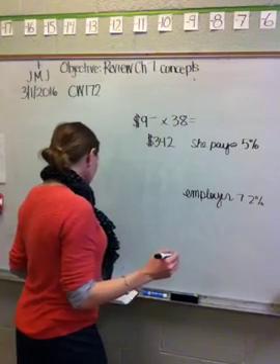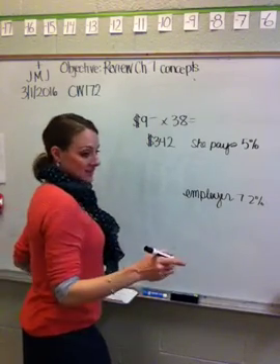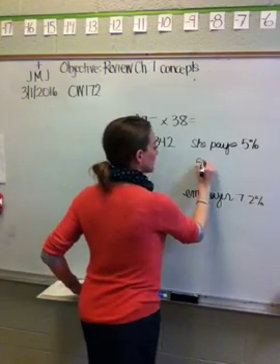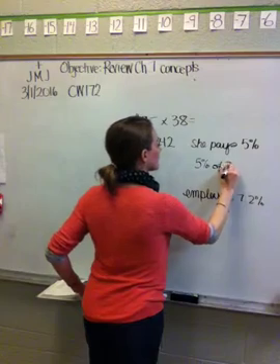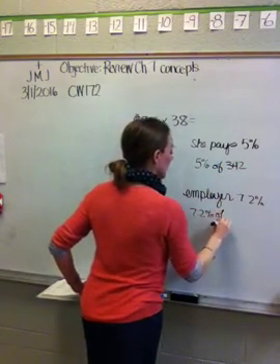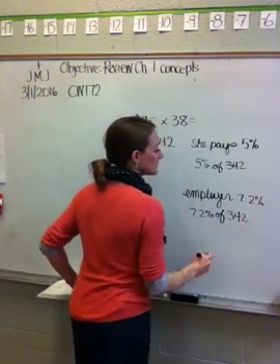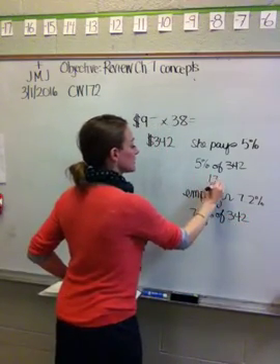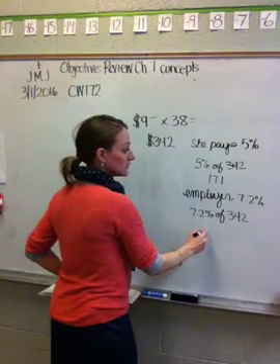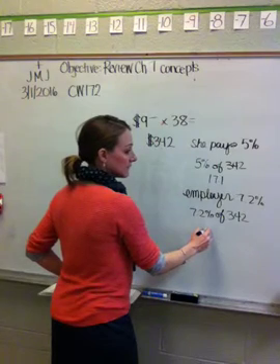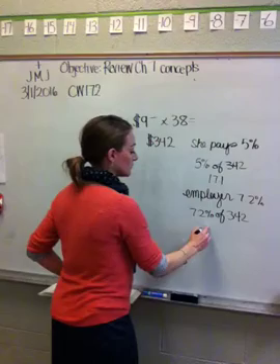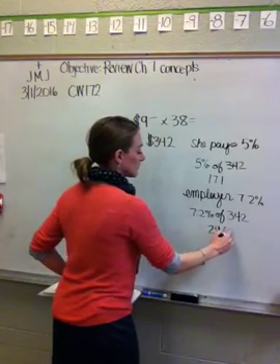No, it actually says how much was paid to the plan for Mary in 1984. So let me show you how you do it. We're going to take 5% of 342, and then we're going to take 7.2% of 342. Crunch the numbers. 17.1, and what's this one? 0.072 times 342 is 24.624.